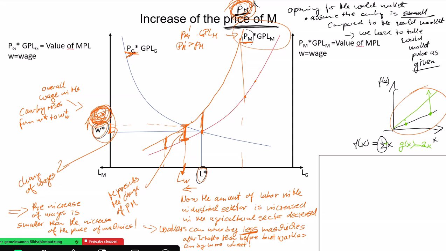But then by the same argumentation we have just made for the workers, we see also that relatively my revenue is increasing more than my costs, because the change in prices is larger than the change in wages.